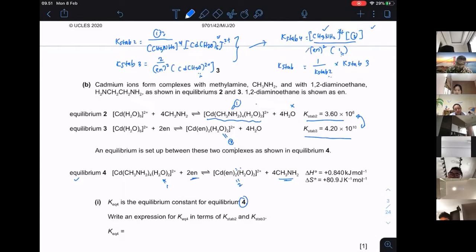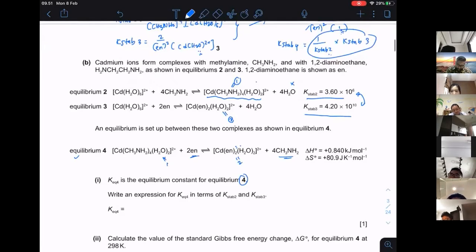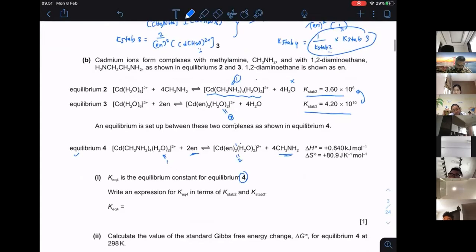Basically I come to this conclusion that in order to get this K step 4, I will use the concept K step 3 divided by K step 2, which is going to be my answer. So this is how I came to that conclusion.